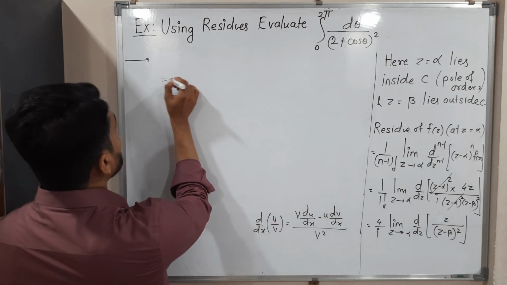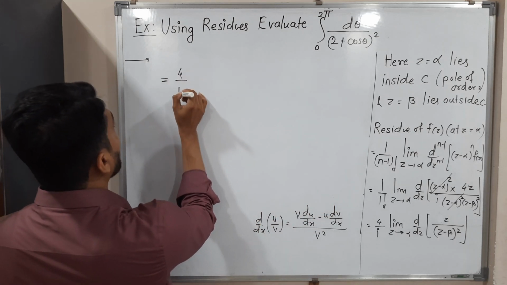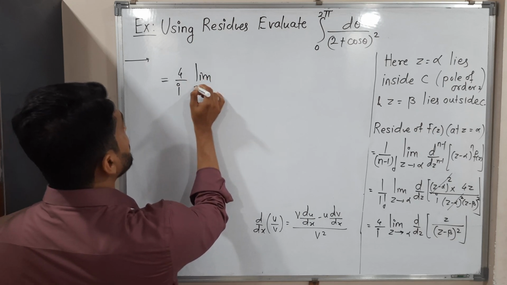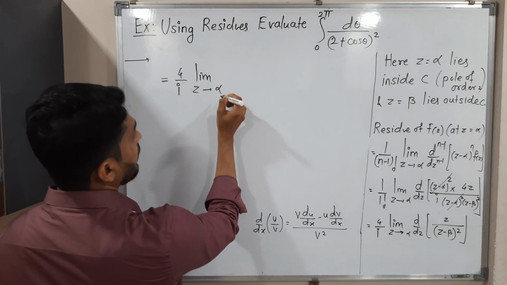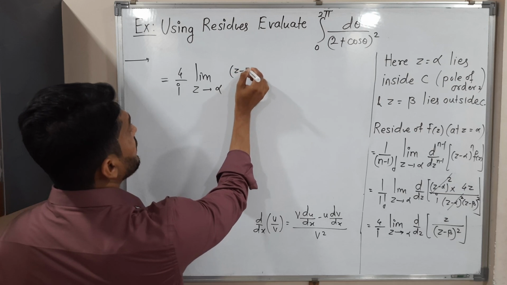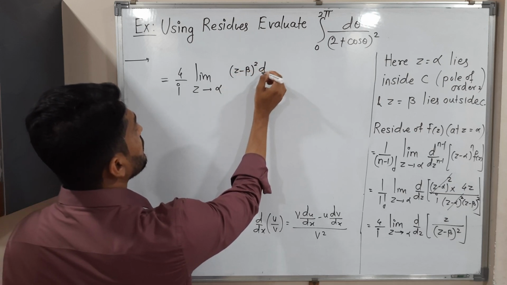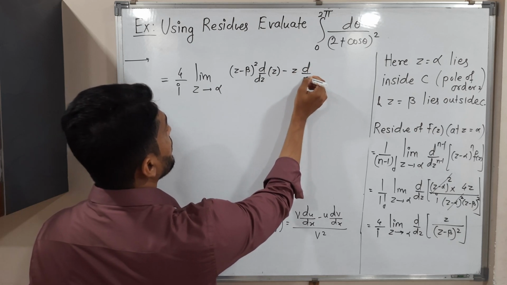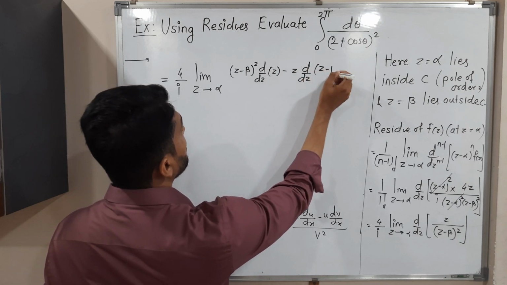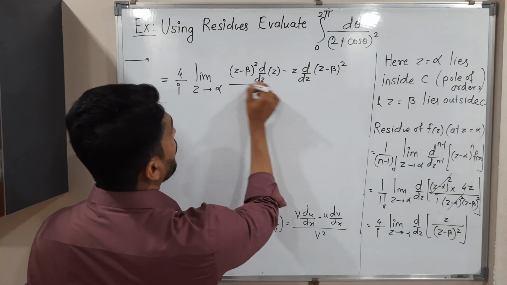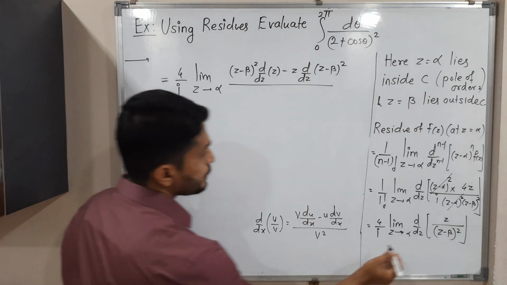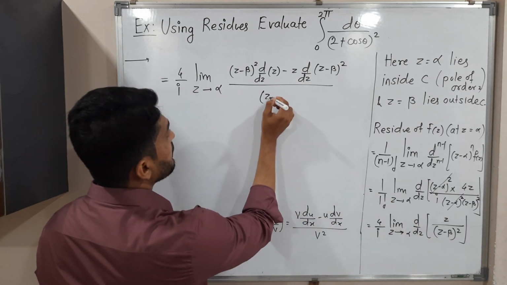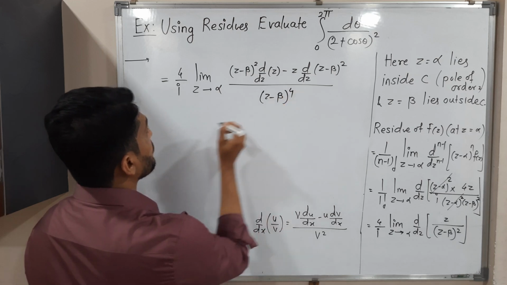So this is equal to 4 upon i, limit z tends to alpha, (z minus beta) square derivative of z minus z into derivative of (z minus beta) square, whole divided by square of the denominator, that means (z minus beta) raised to 4.